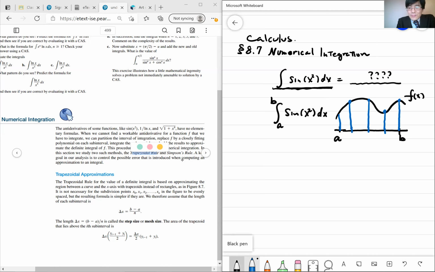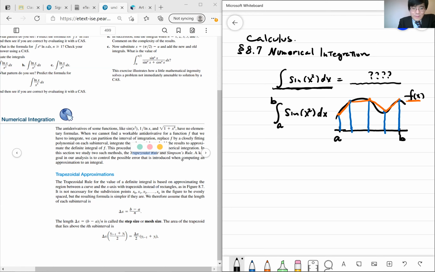Instead of finding the area under the curve, we are going to approximate this function by a much simpler function, a linear function: in each interval, a line that connects these two points. And we are going to find the area under these orange segments. You will get an area that is different from the area under the curve, but it should be close. This idea is called the trapezoidal rule.